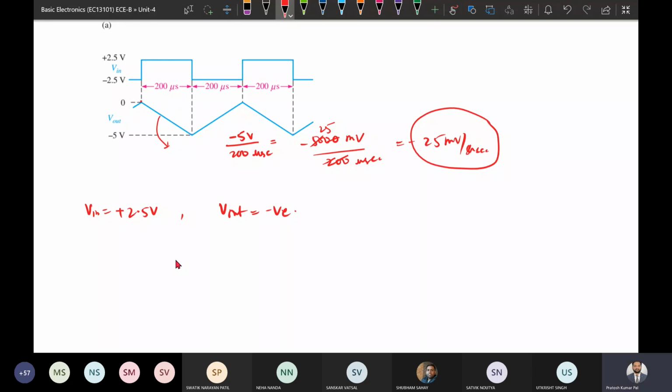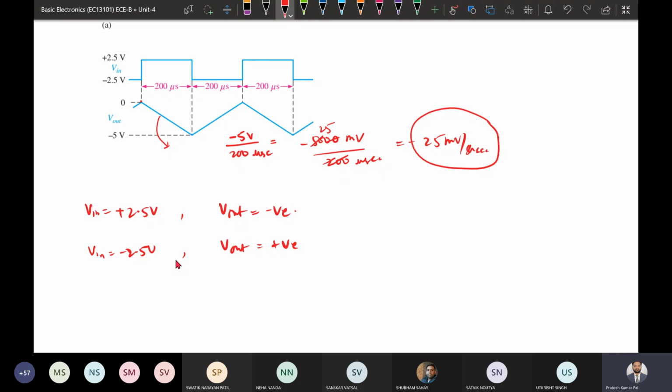When the input is negative 2.5 volt, at that time the output will be positive. We have already seen this in the previous slides also. So this will be the output.